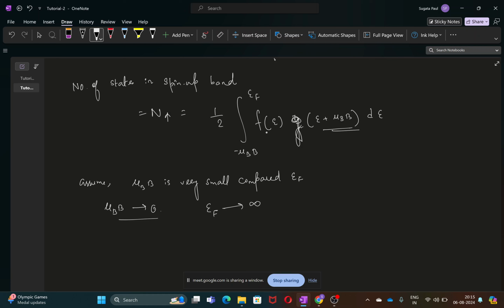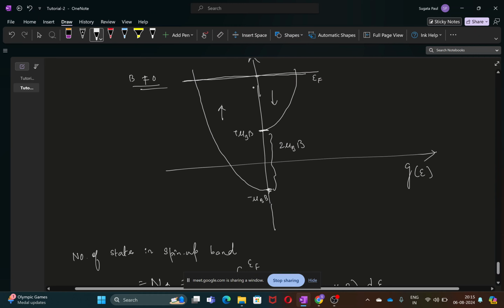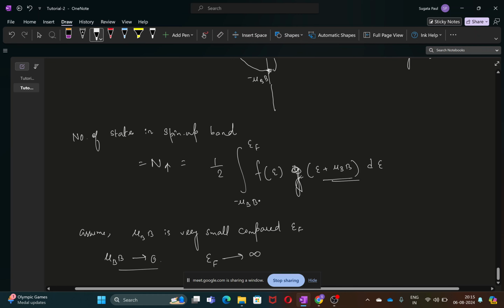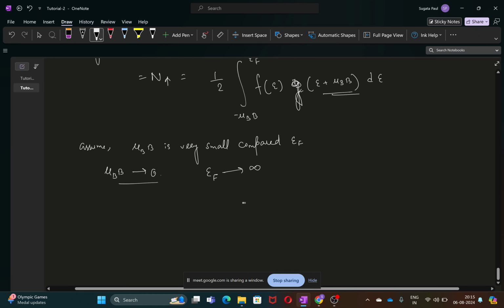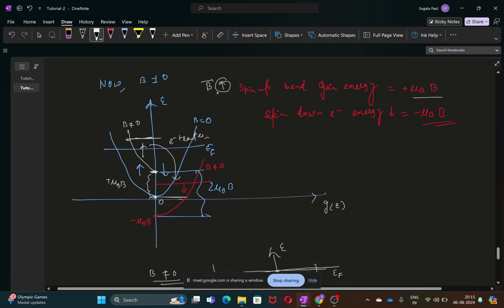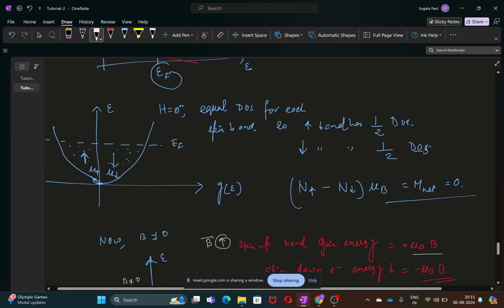That is why the term f(E) appears in the integration, and the energy range of the integration is from the starting and the ending point of the energy band, from -μB·B to EF, which is simplified to the 0 to infinity limit. And this half factor comes because, as I said initially, when there was no field present, both spin up and spin down bands are equally present, with equal energy and equal density of states.